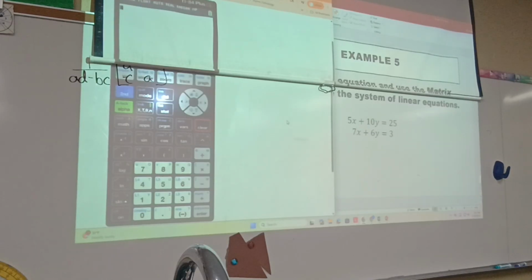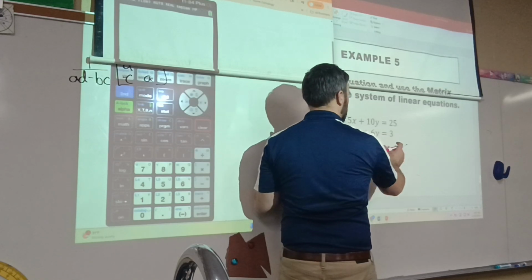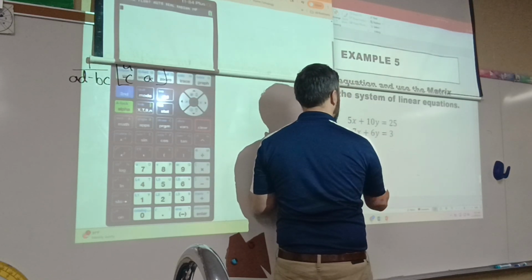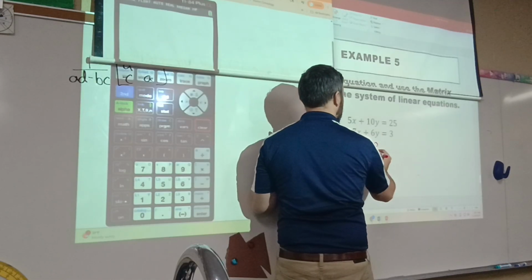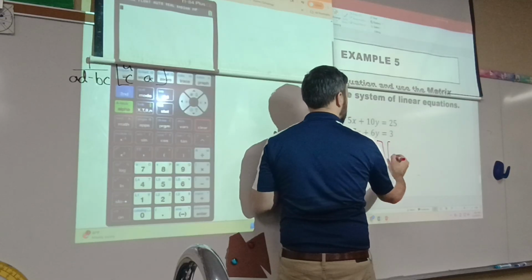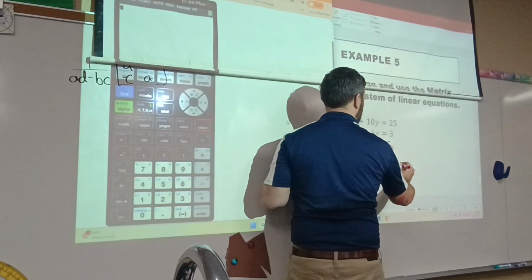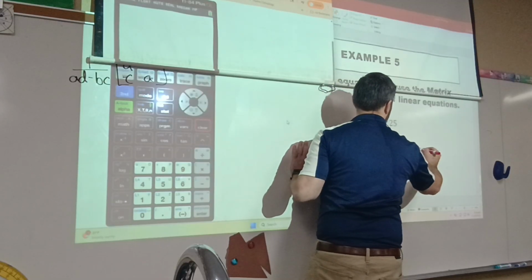Now, hold on, if you ever want to move up in math. So let's do one more. Can I rewrite this as 3 matrices like they did before? Yeah. 5, 10, 7, 6, X, Y, 25 over 3.